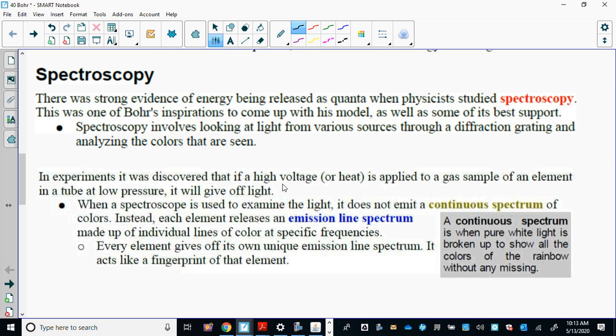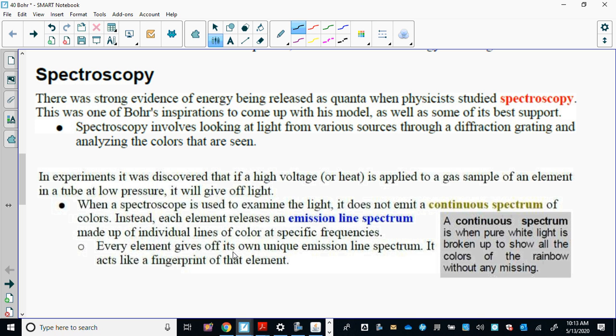In these experiments, it was discovered that if a high voltage or heat is applied to a gas sample of an element in a tube at a low pressure, it will give off light. When a spectroscope is used to examine the light, it does not emit a continuous spectrum of color. Instead, each element releases an emission line spectrum.